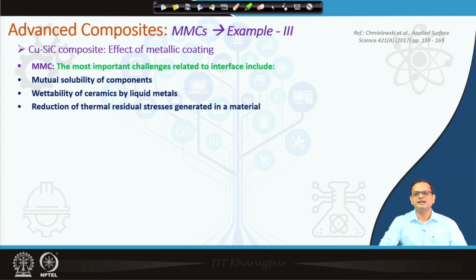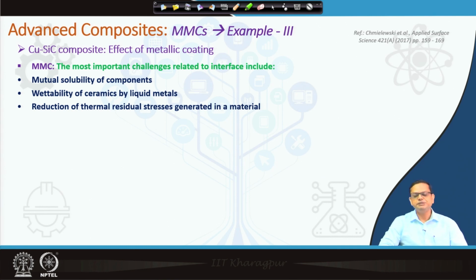We have discussed the interface in detail, but the points you need to understand are: is there any mutual solubility between the matrix and reinforcement material? How is the wettability? That is very important: is the liquid metal, or the metal matrix, wetting the ceramic reinforcement surface properly or not?